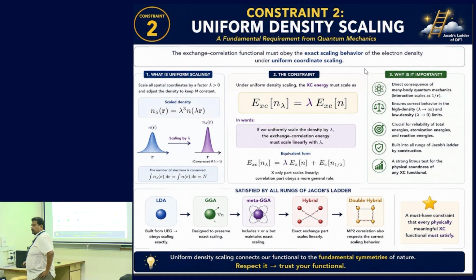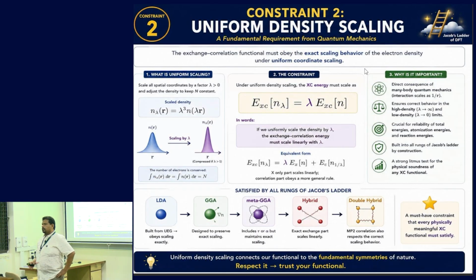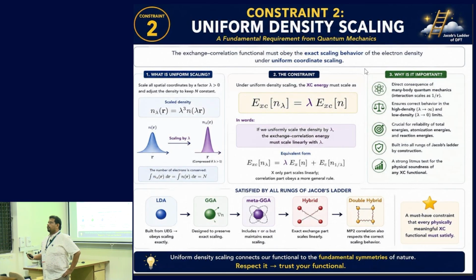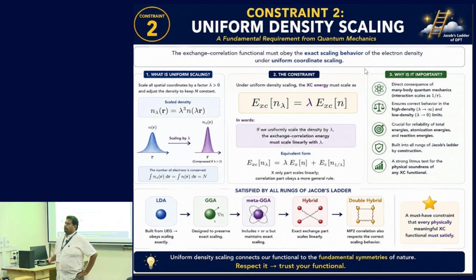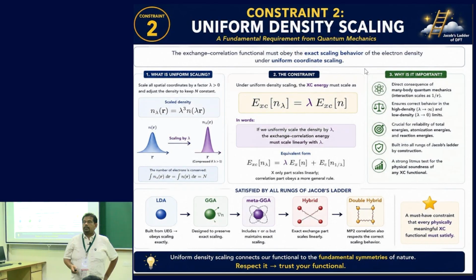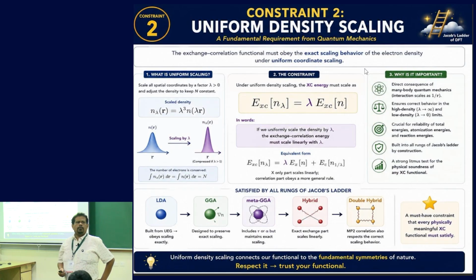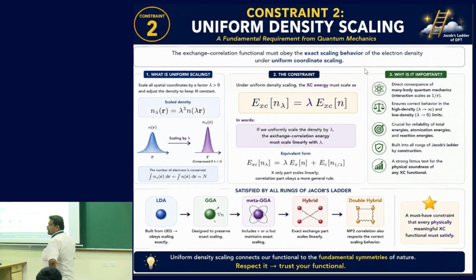Keep in mind, if the functional is constructed so that it satisfies more constraints, that means the functional is better. LDA was given long back, from the Hohenberg-Kohn paper or Dirac. Now SCAN came in 2015. SCAN satisfies almost all the 17 constraints.